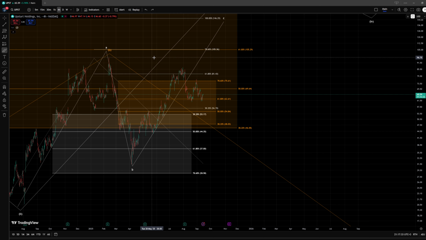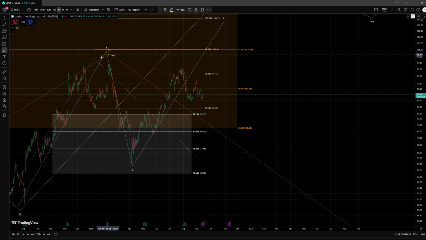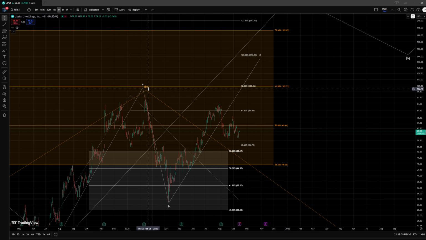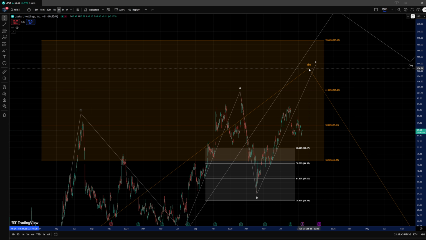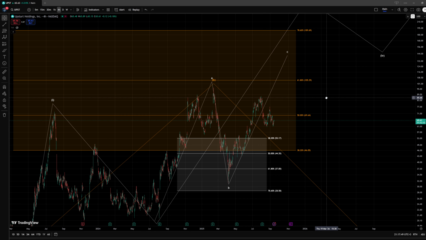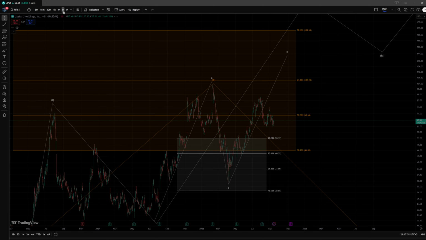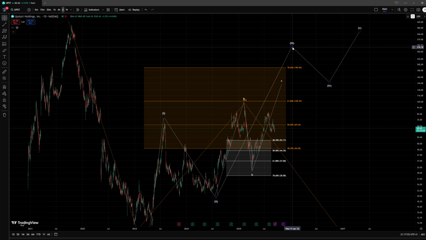I would like to see a break above this wave B top to invalidate the direct movement to the downside in the wave C, although I warn you again, this movement, this wave B, could just be reset by the next movement to the upside, so not even this is really a confirmation or even an indication that we are within the white scenario.